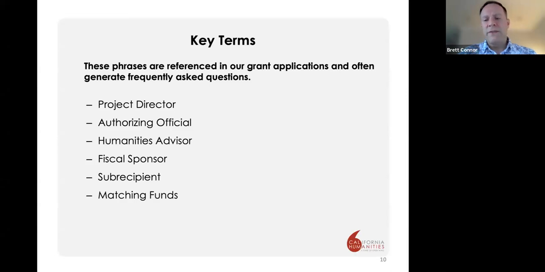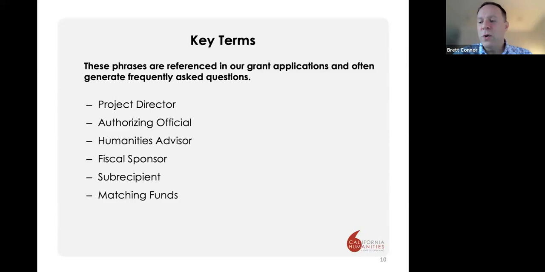A fiscal sponsor: if your organization is not a 501(c)(3) nonprofit, or if you are an independent artist, independent humanities practitioner, or culture bearer, you will need a fiscal sponsor to apply through. We at California Humanities are only allowed to grant to organizations.